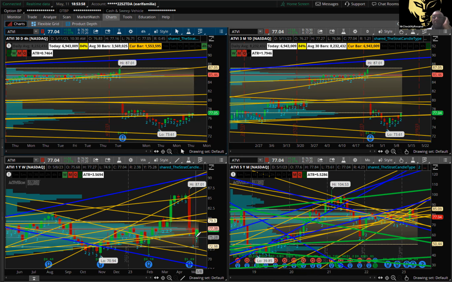I don't want to calculate percentages right now, but we went from 87 to 73, and we are back to 77. So you got 10 points on that kind of slower underlying mover. Shoot, there's potential there. That's a buy low, sell high.